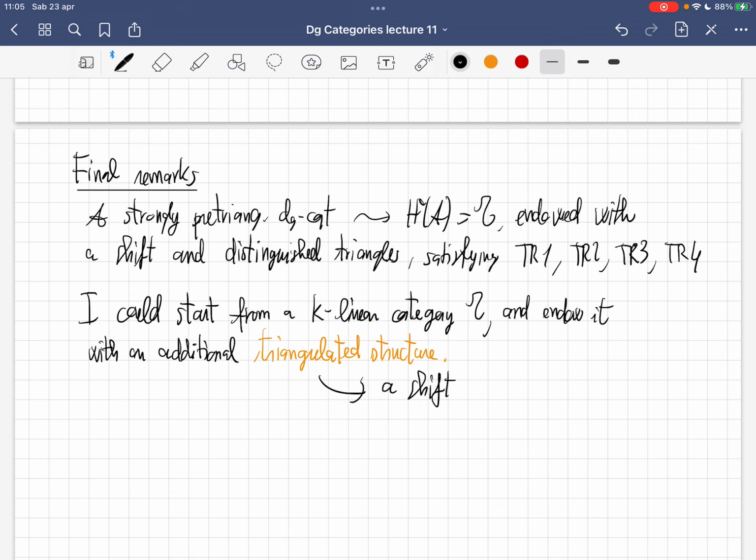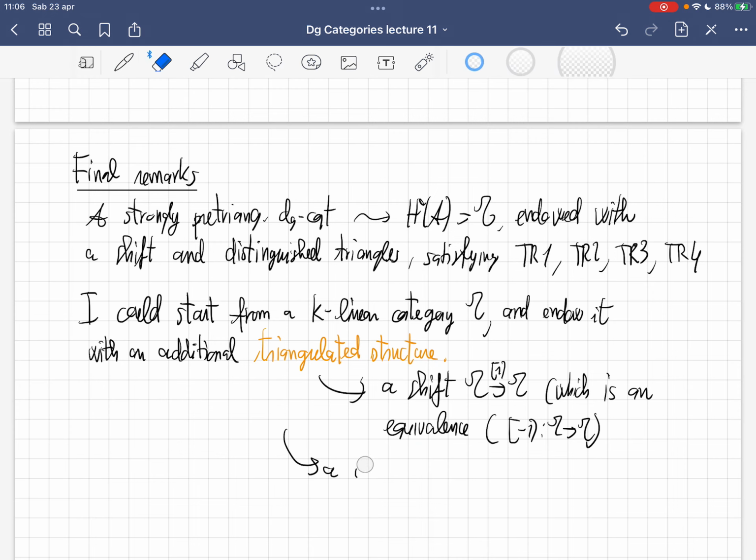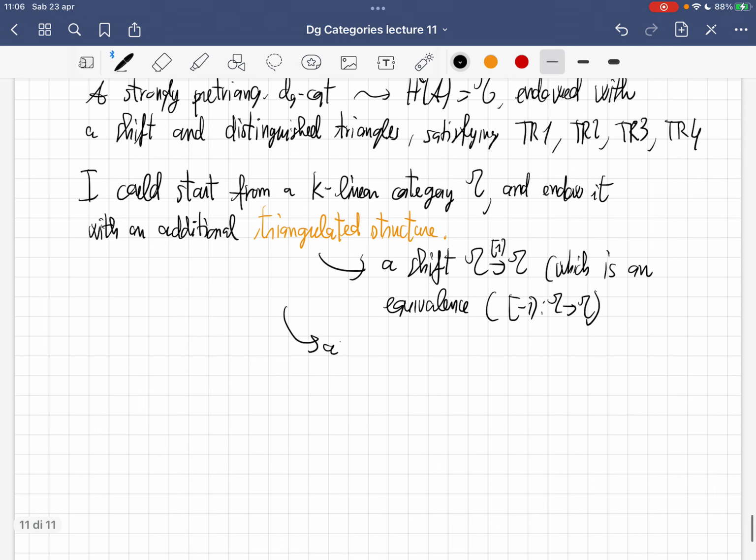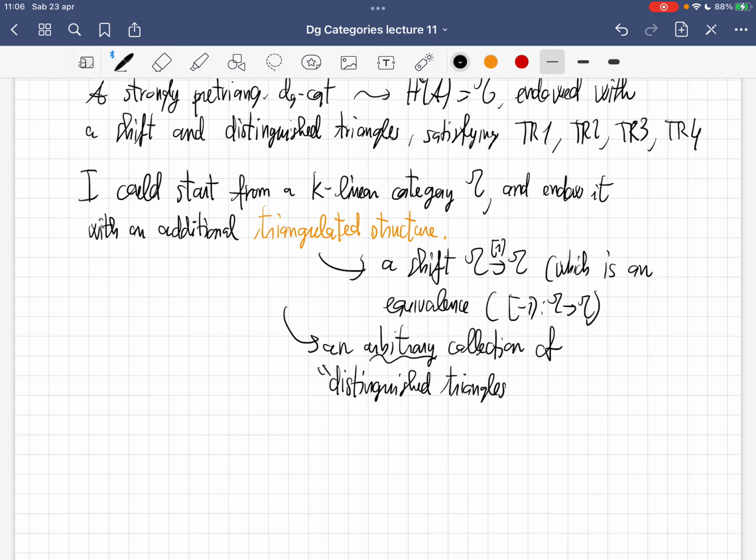A triangulated structure is a shift, which is an equivalence in the sense that there is this inverse, and a collection, an arbitrary collection actually, of distinguished triangles, subject to axioms.